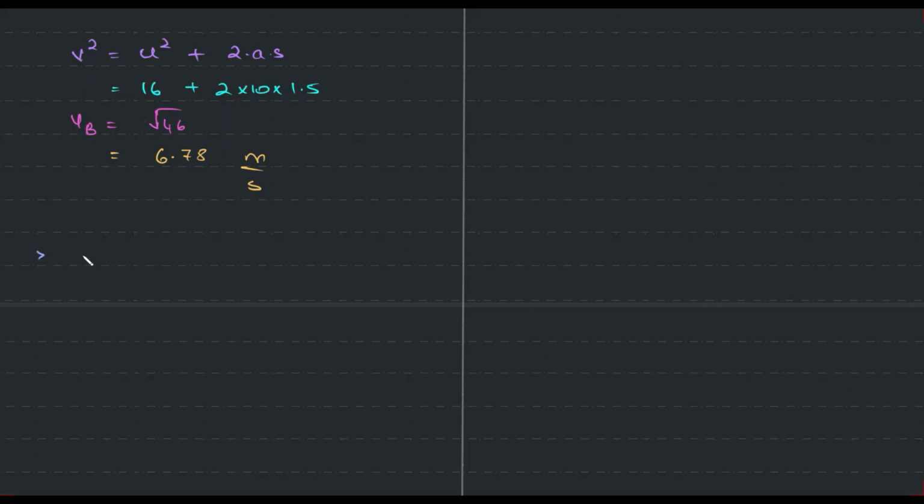Now we'll figure out the velocity after bouncing. So we know the final velocity, and we need to figure out u, basically: v squared equals u squared plus 2 into a into s. So final velocity is 0.